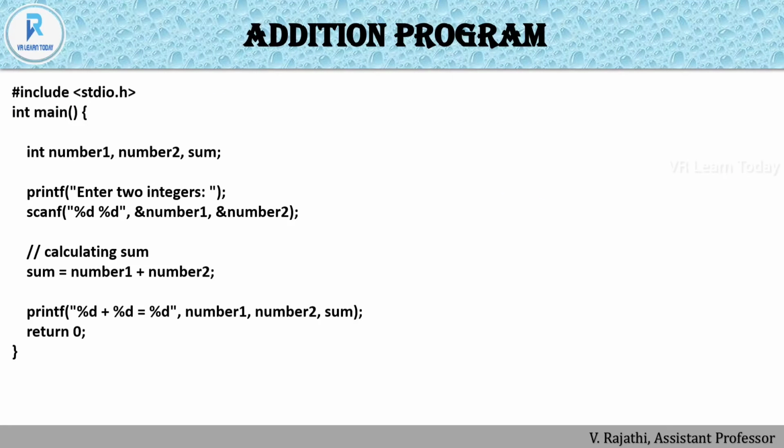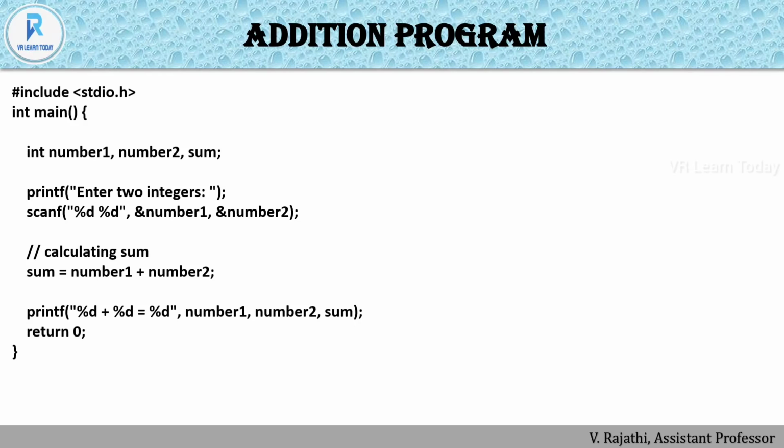So next, another program for addition. As usual, header file, main function, and after that the declaration part, and getting two values from the user. For getting values, I'm using the scanf function, and this is the integer type. So I'm using two %d because I want to get two integers, right? That's why I'm using two %d, two format specifiers. The %d, %f is nothing but the format string.